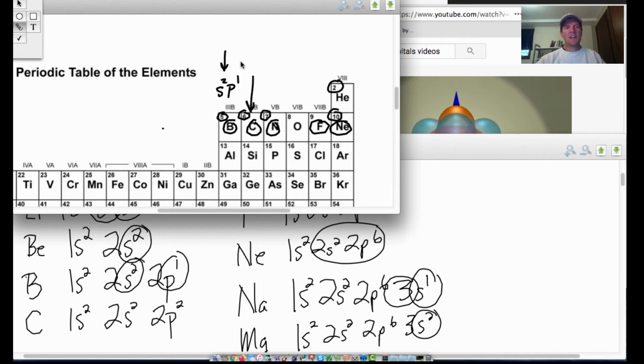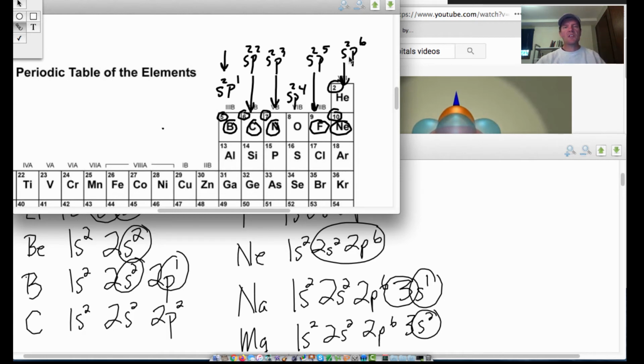This group is always going to end in s2p2. And this group is going to end in s2p3. This one, s2p4. This one, s2p5. And this one is going to always end as s2p6.